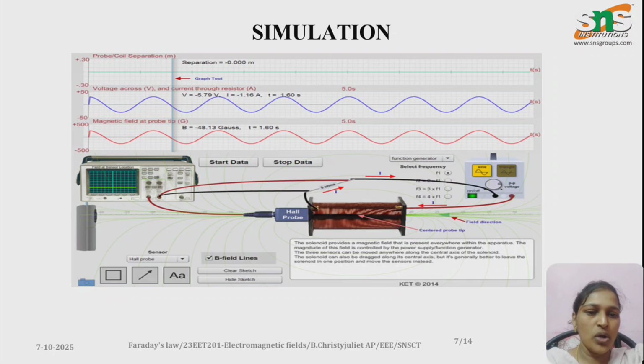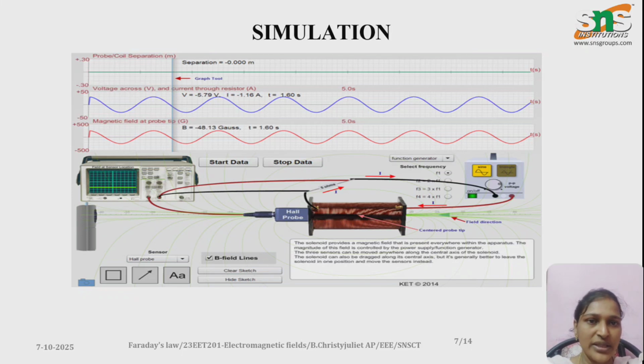This is how it has been simulated. We have connected a magnet and a coil, and it is connected to the CRO through a Hall probe. Whenever there is a movement, either the coil has to move or the magnetic field has to move.